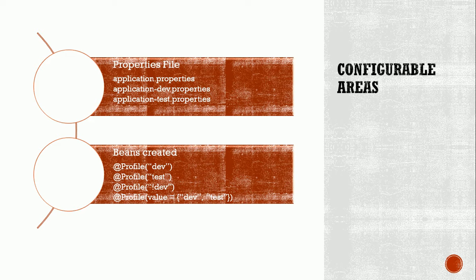So what are the areas that are configured on selecting different profiles? You can select different properties files, or you can also have control on the beans being created.